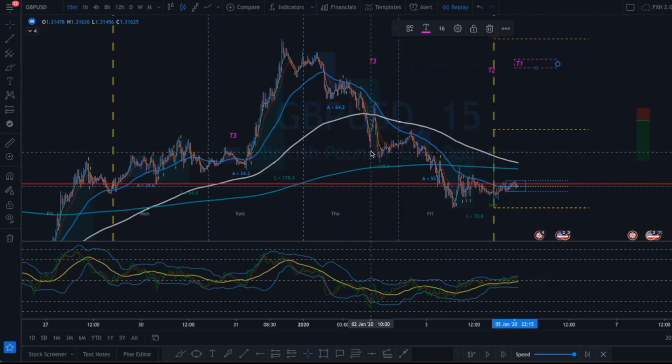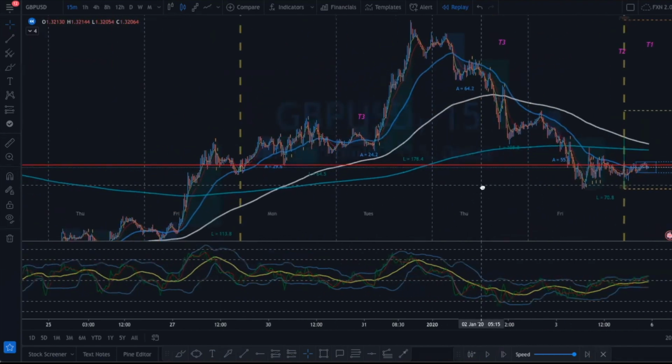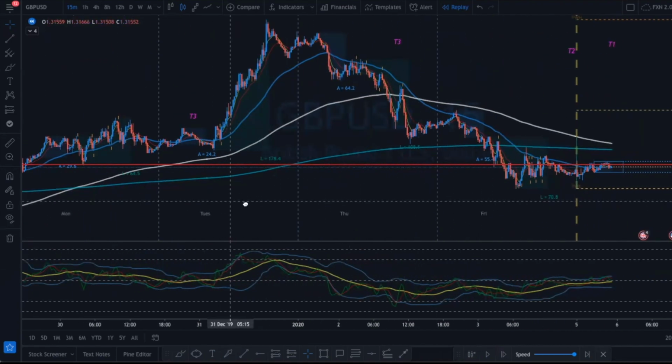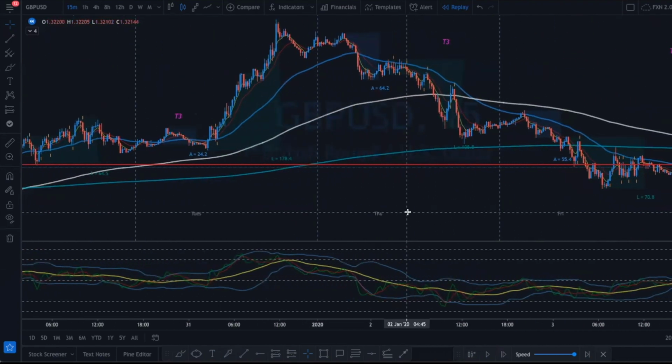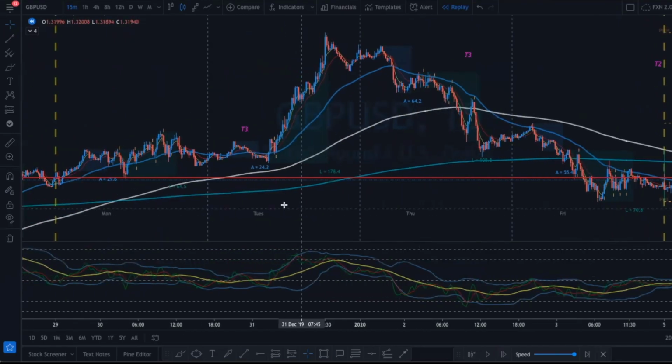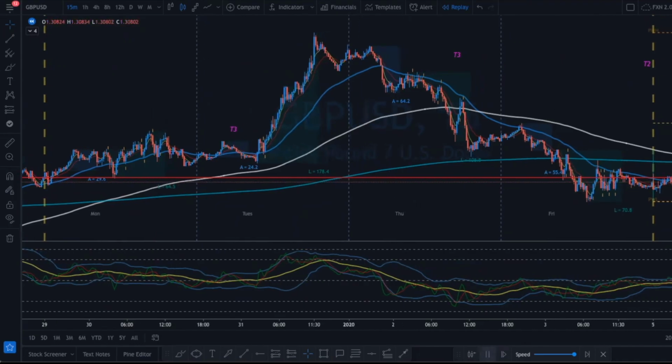Let's say type 3 is the setup that you want to trade. Then you go back to all the different type 3 setups that you tagged throughout the whole year, and you start to identify what all the common things are that made them good setups.